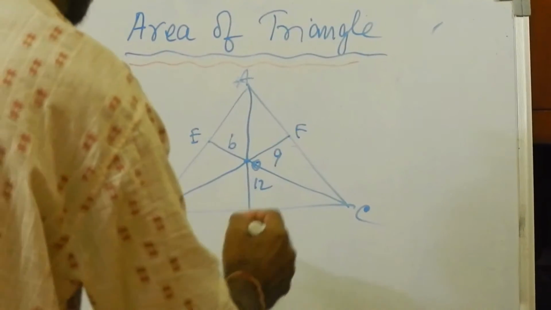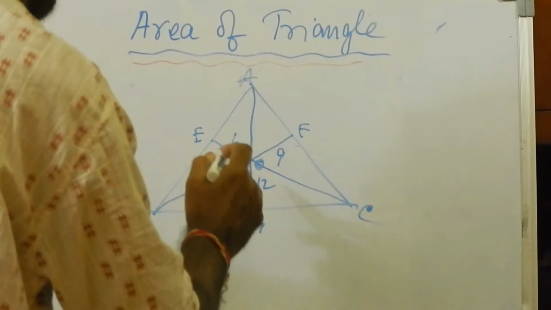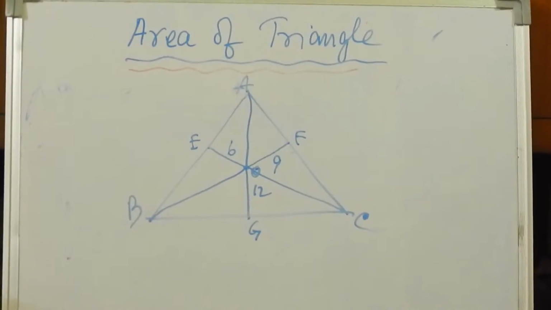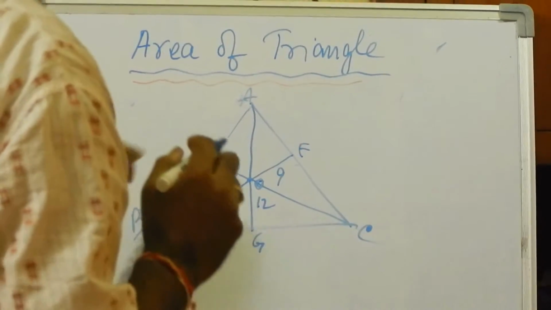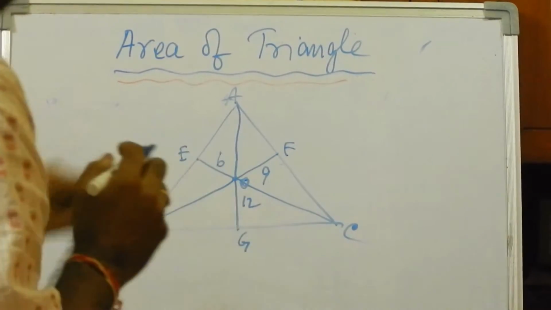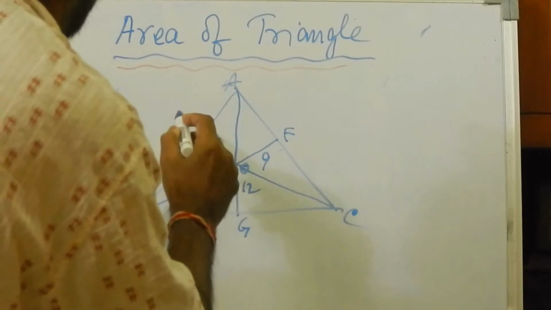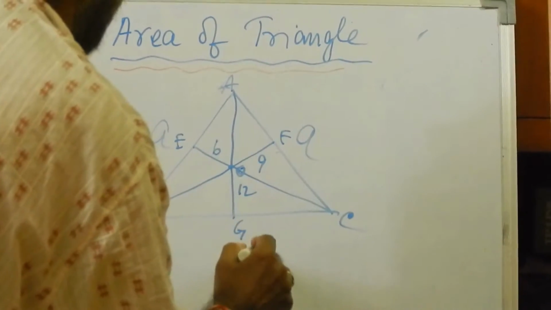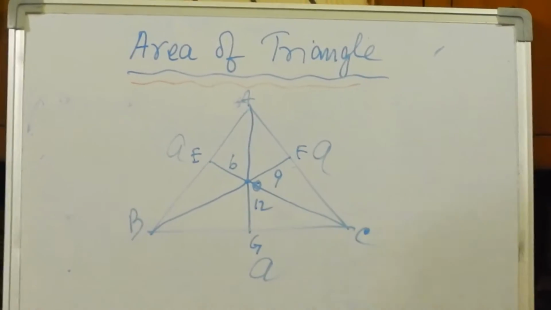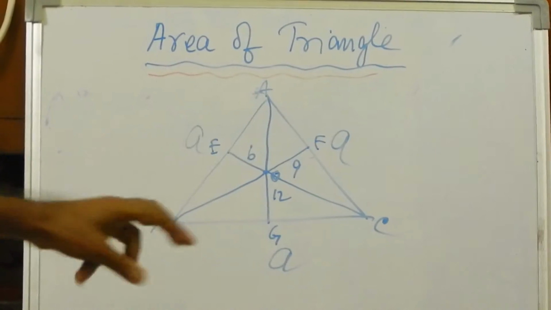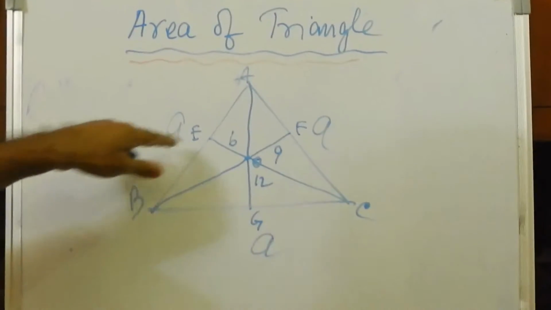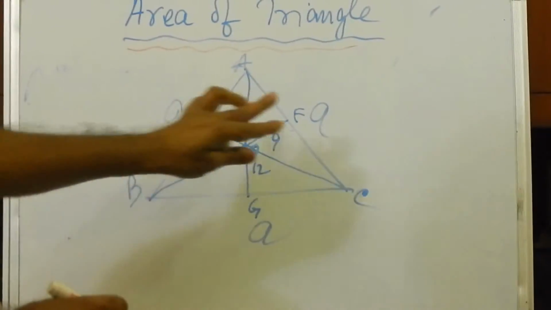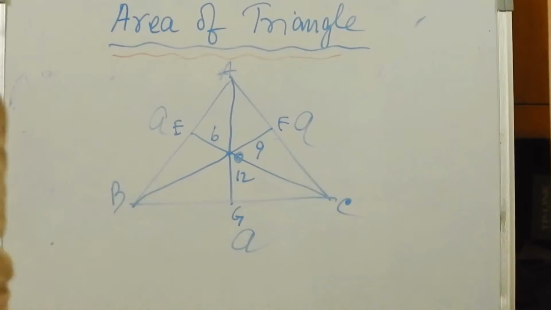Now these triangles, another characteristic that I forgot to tell you, is that it is also an equilateral triangle. So all the sides of this triangle are taken as A here, suppose.